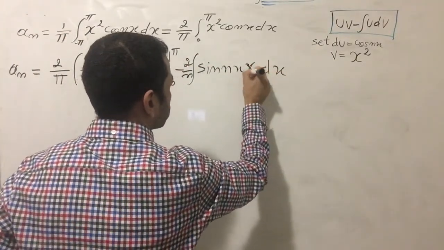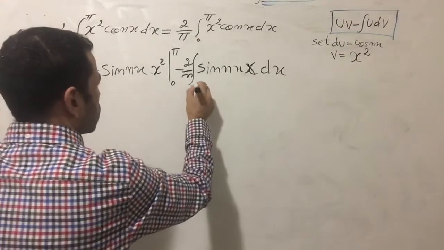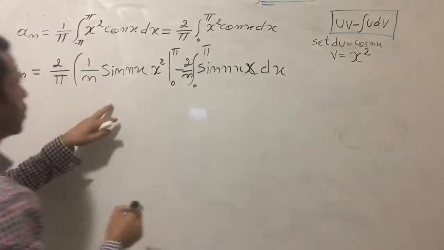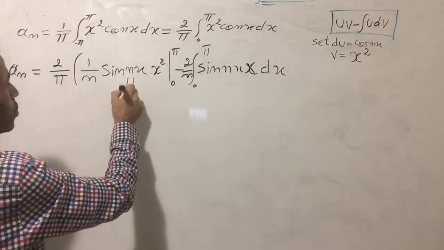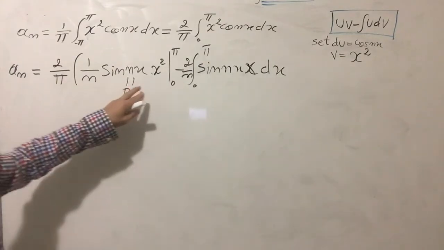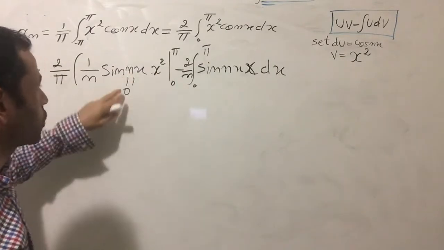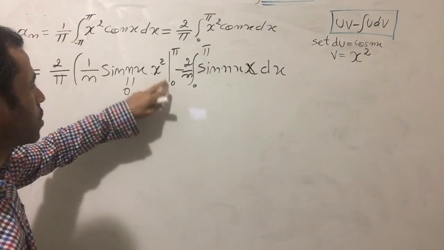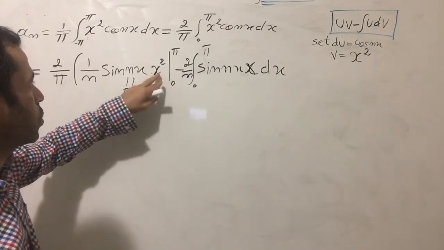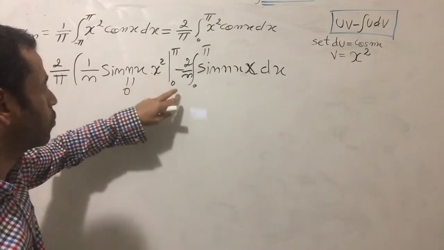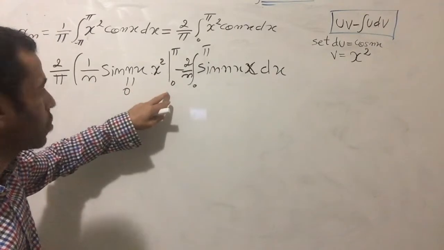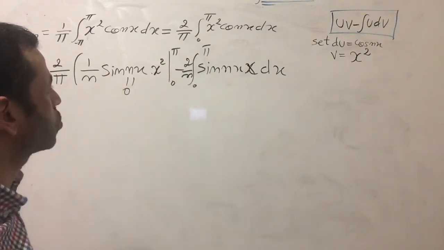From 0 to pi. As you know, here the first term becomes equal to 0, because sine of n pi equals 0, so the whole thing will be 0. And then minus, if you plug 0 into x squared, it gives you 0, so the whole thing is equal to 0.